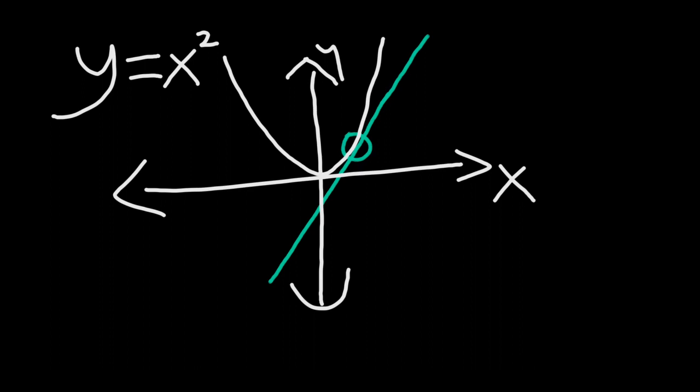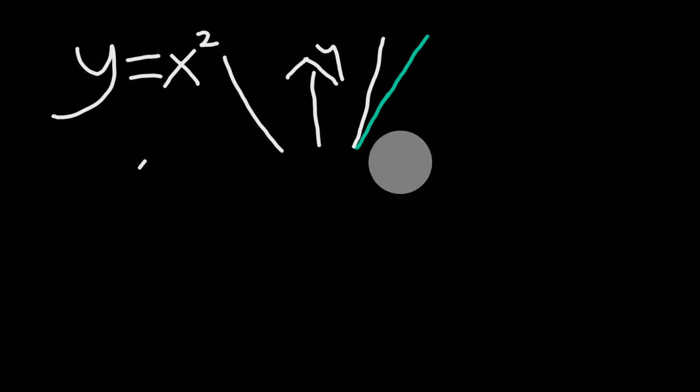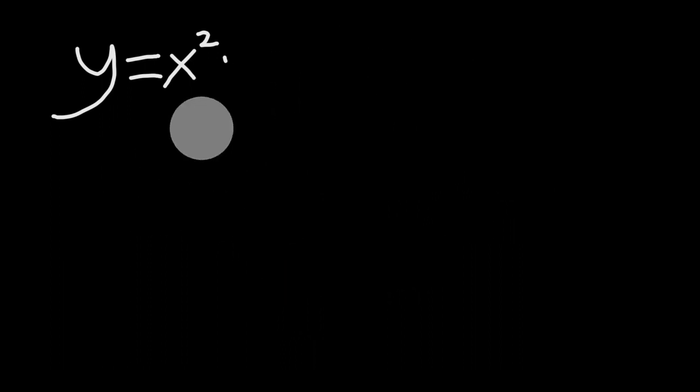So this point is what we are talking about. So in this tutorial, we shall be looking at how to use the power rule to find the derivative of a function. Okay, that is the purpose of this video.